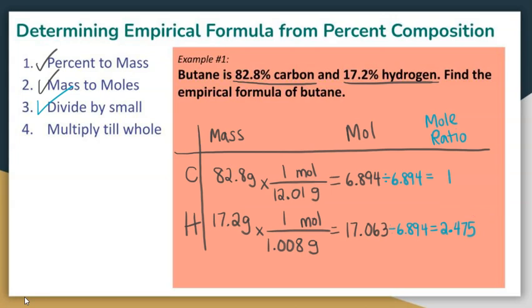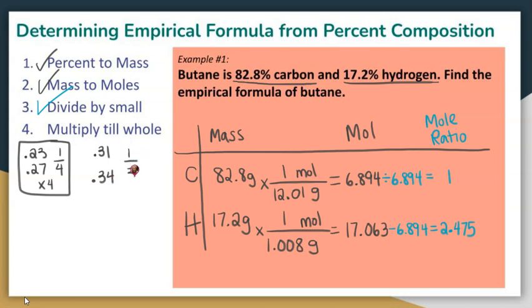So if we have something that's 0.23 or 0.27, those are awfully close to 0.25, anywhere in this range, which is approximately 1/4. So if we were to multiply one of these to whole, we'd probably multiply by 4 to get it back to a whole number. If instead you're looking at something that's between 0.31 and 0.34, that's pretty close to 1/3.